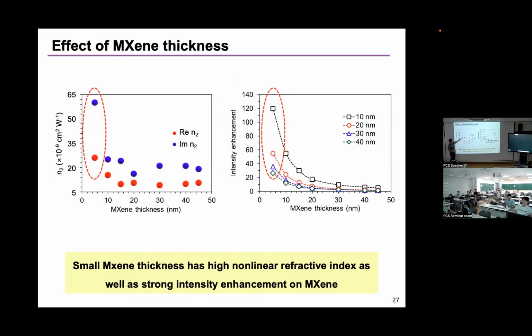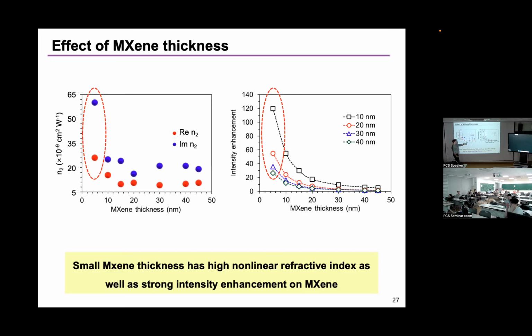This is the real n2 value and imaginary n2 value. The real n2 value means that we can expect very large third harmonic generation from this MXene structure, and the imaginary n2 value gives the chance for extremely large nonlinear absorption in that structure.